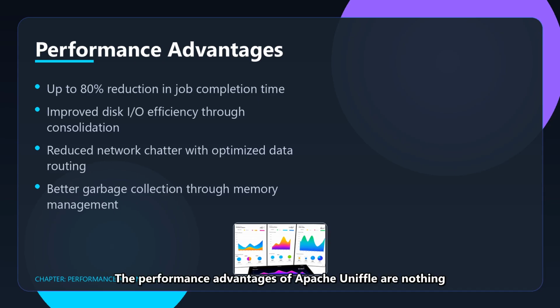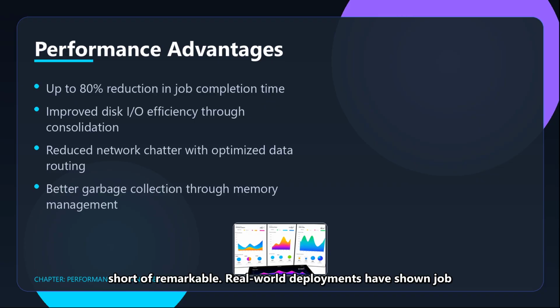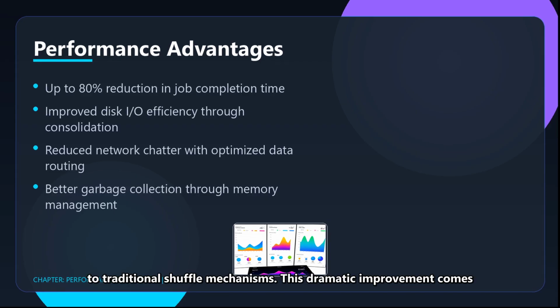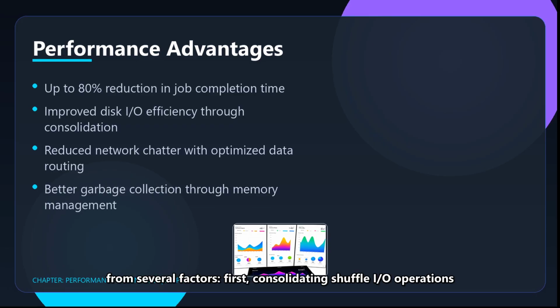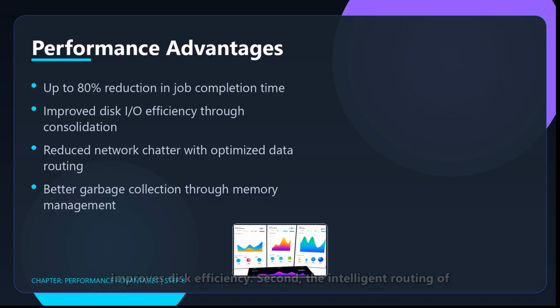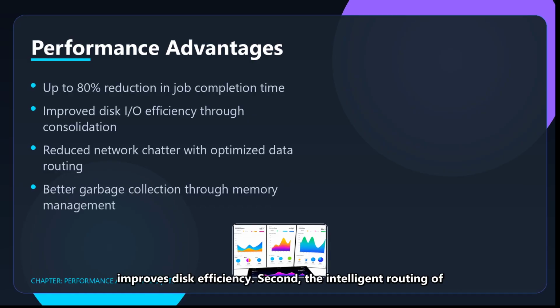The performance advantages of Apache Uniffle are nothing short of remarkable. Real-world deployments have shown job completion time reductions of up to 80% compared to traditional shuffle mechanisms. This dramatic improvement comes from several factors. First, consolidating shuffle I/O operations on dedicated servers with optimized storage configurations dramatically improves disk efficiency.